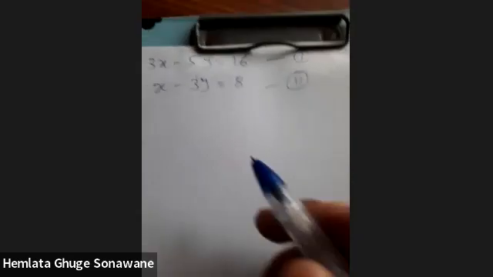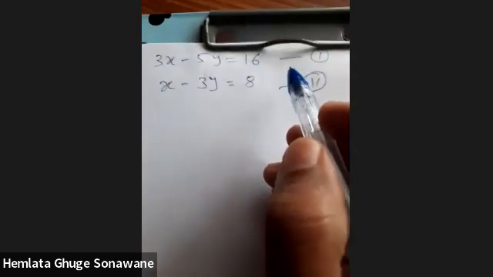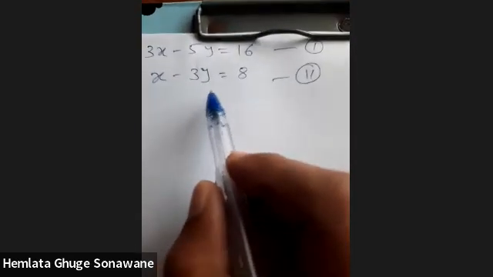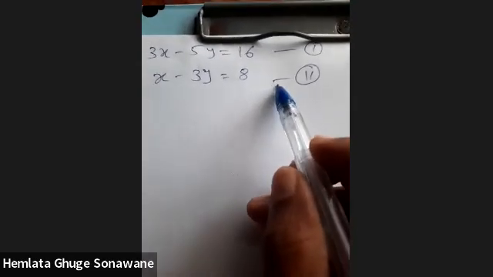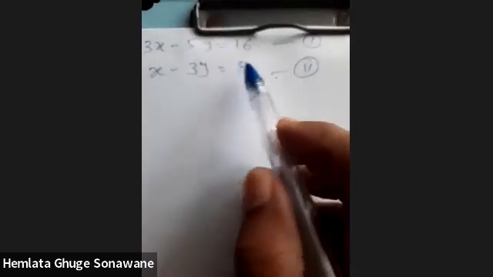We'll take the third example. 3x minus 5y is equal to 16 and x minus 3y is equal to 8. Here we'll multiply equation 2 by 3.